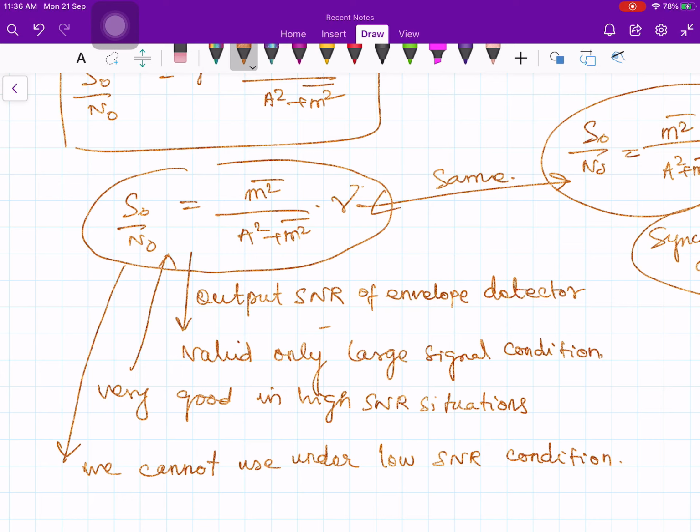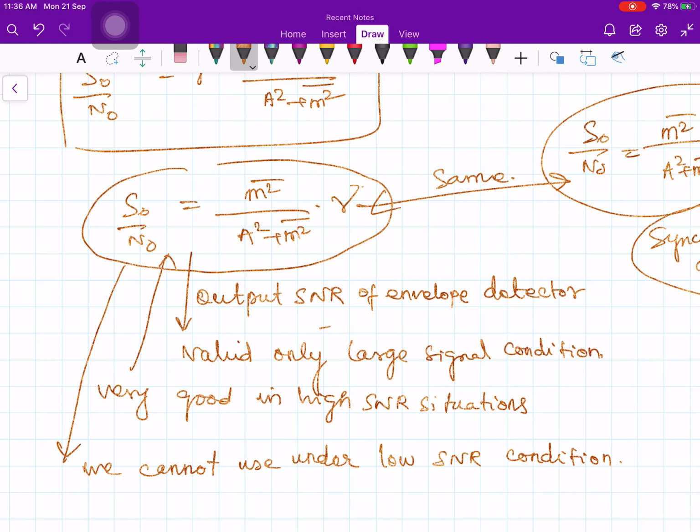But for low SNR situations, the envelope detector is actually very bad, so I must be a little more careful about that. Although it is not obvious, that is a very important point to consider. If the SNR is good, no problem. If the SNR is low, then your envelope detector will become worse.